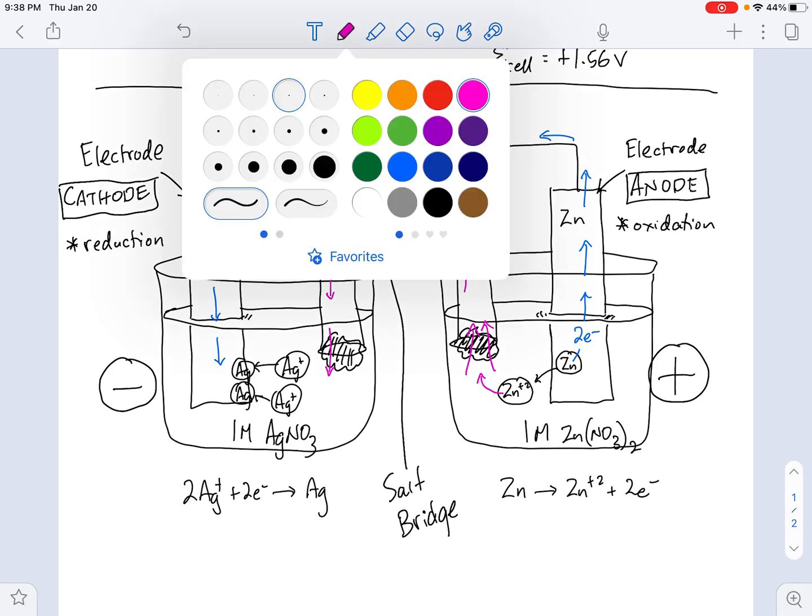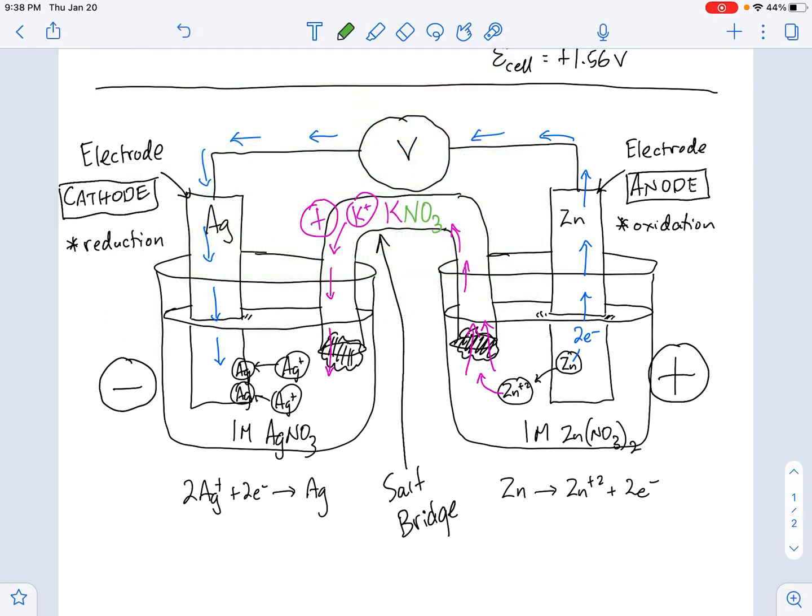Anions will migrate towards the anode. Again, anode because anions migrate towards the anode.